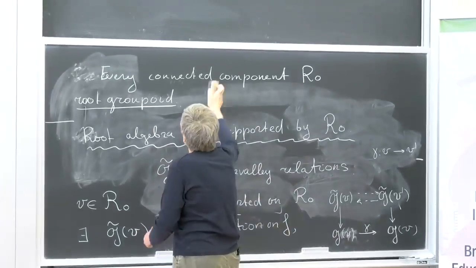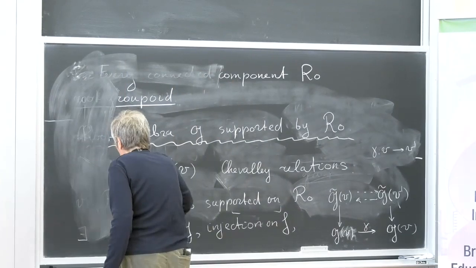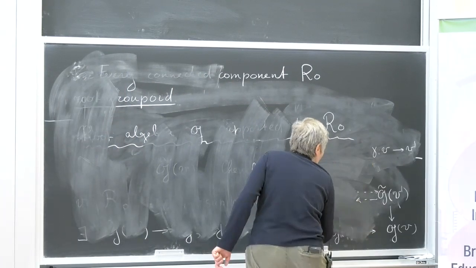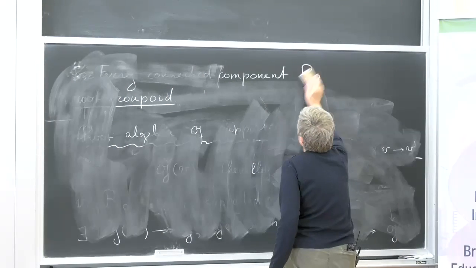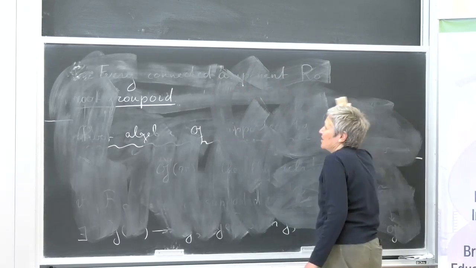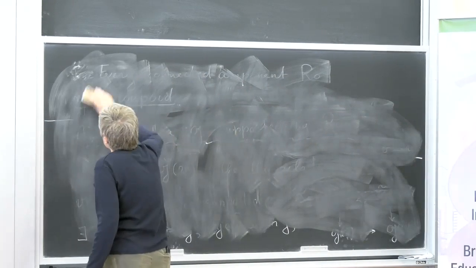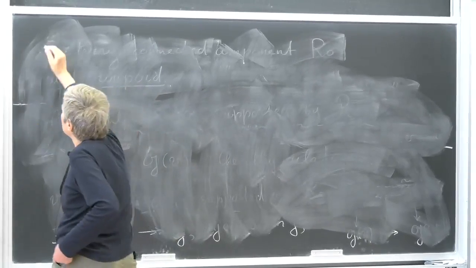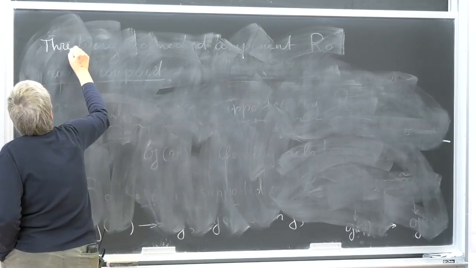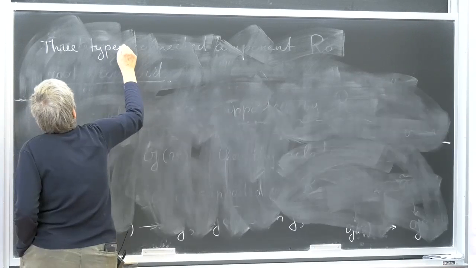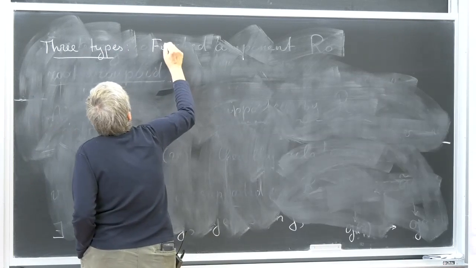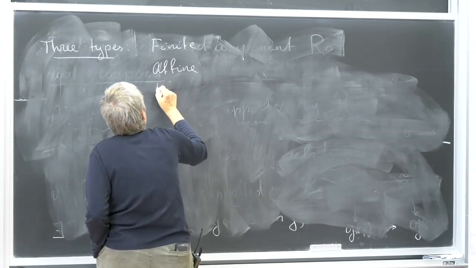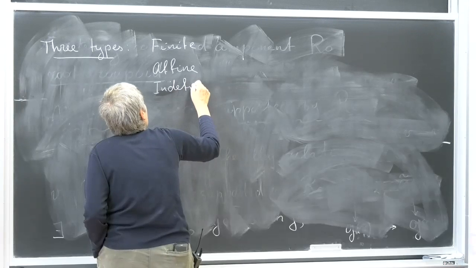So there are certain results, except definitions, mostly of them were done before the definition. But maybe even before I do this, there are three types, as before: finite, affine, and indefinite.